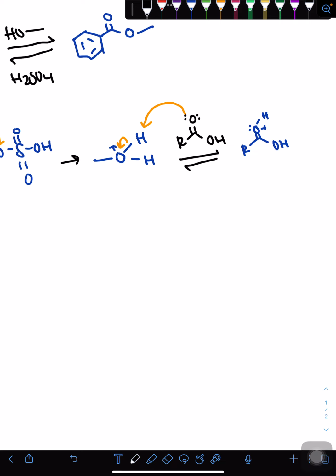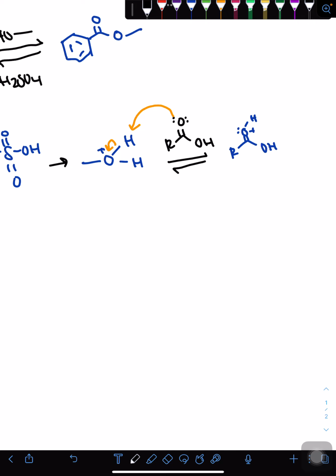And if we react that with the HO with the methyl, this oxygen is going to want to attack here, and then this double bond is going to get broken to a single bond to give us methyl.